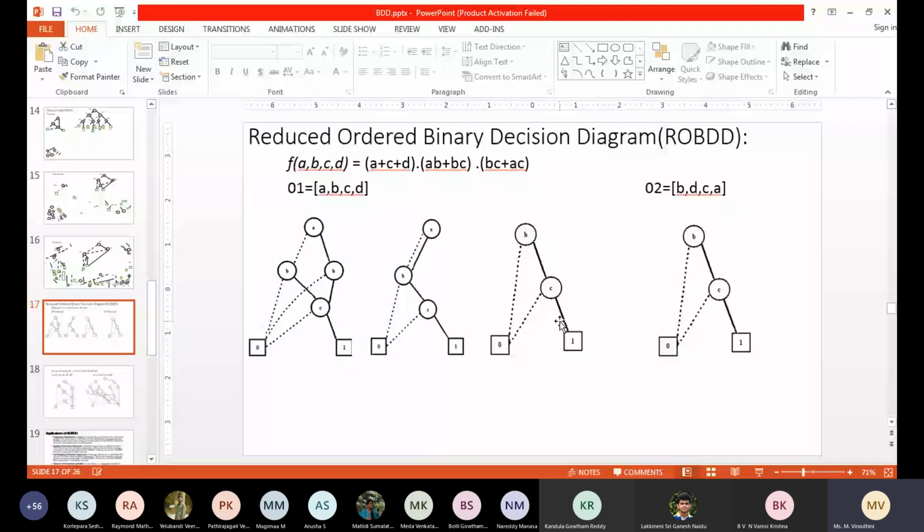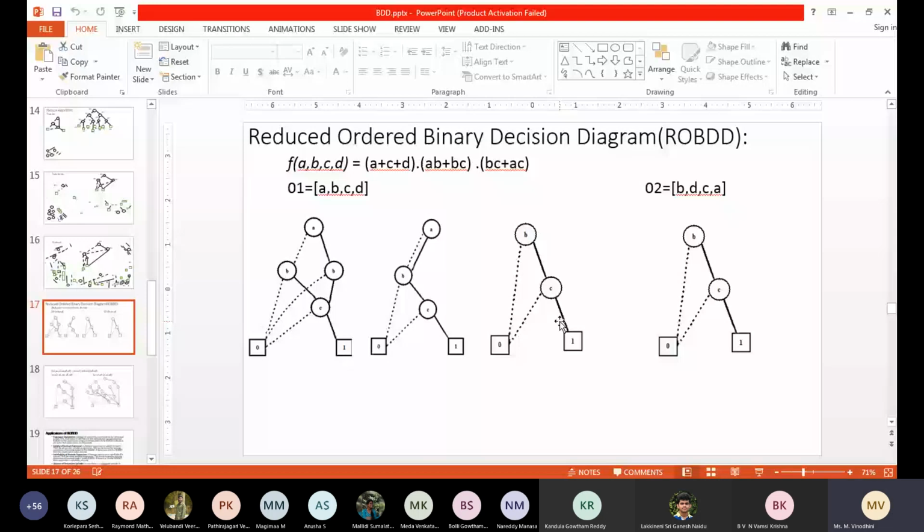Suppose I ask you to draw the diagram by considering first x1, next x2, next x3, but you are taking the order x2, x1, x3, some random order, not following the regular way of considering the variables.